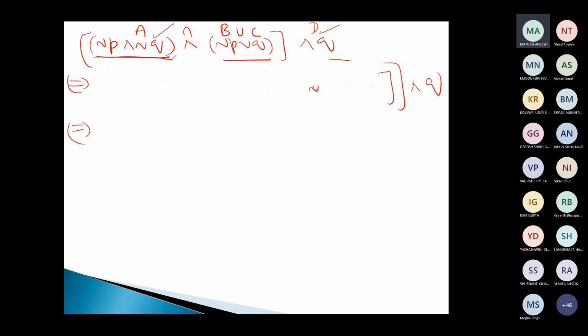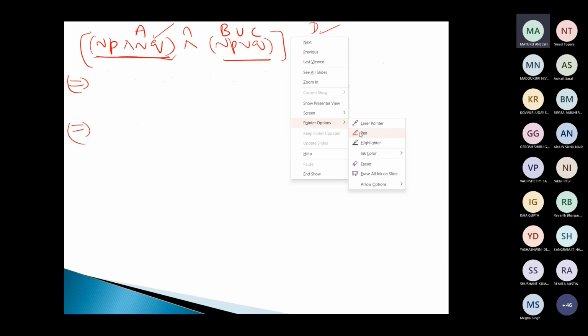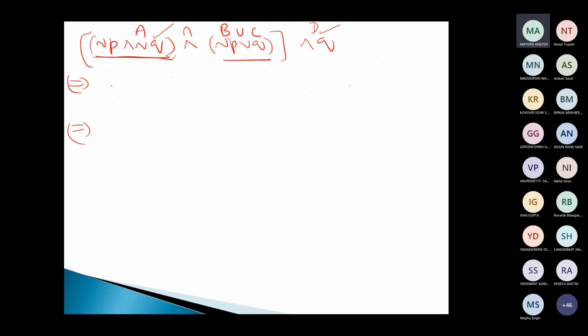So can everyone else understand what the problem is? So what should I do? Not P and not Q and Q. Since everything is connected using AND, you need not use any other rule here. Very simple.